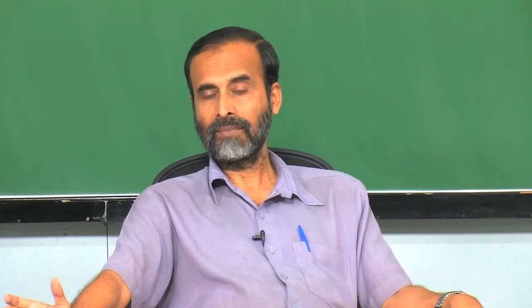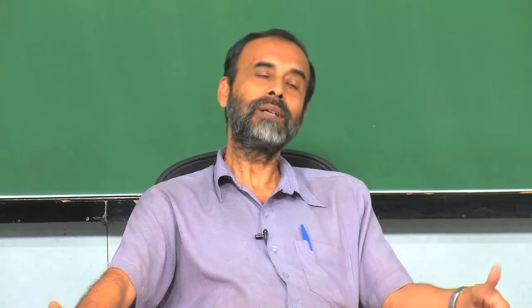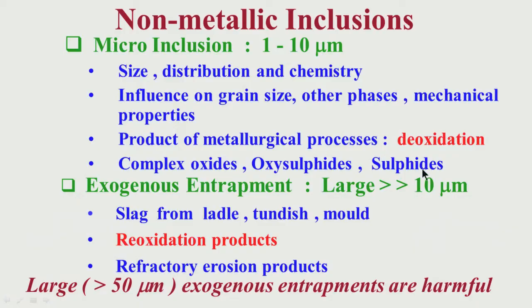If you have manganese and sulfur in steel, some of you might know that we have to keep the manganese by sulfur ratio in steel more than 25. Why? Because if you have a high amount of manganese in steel compared to sulfur, then manganese sulfide will be formed, and iron sulfide can be taken care of; there will be no iron sulfide.